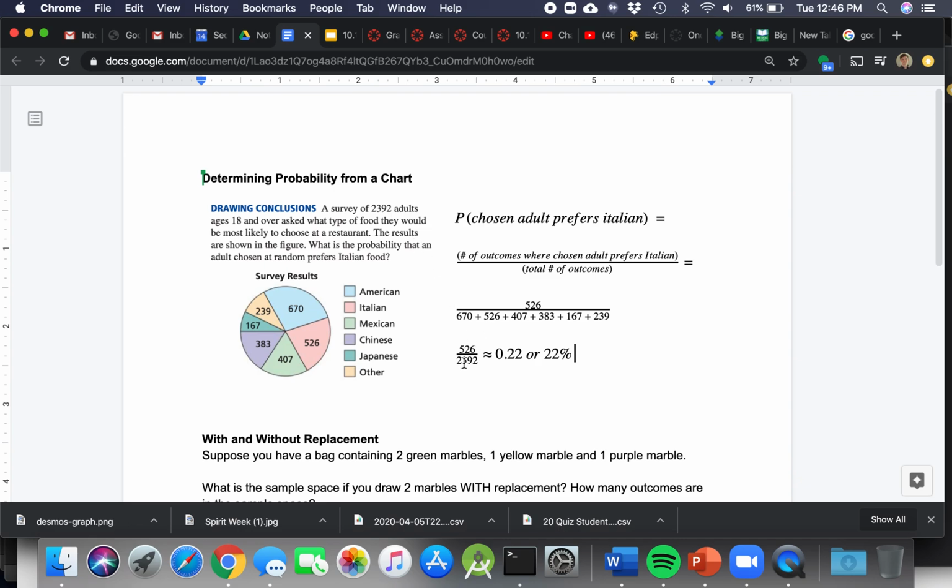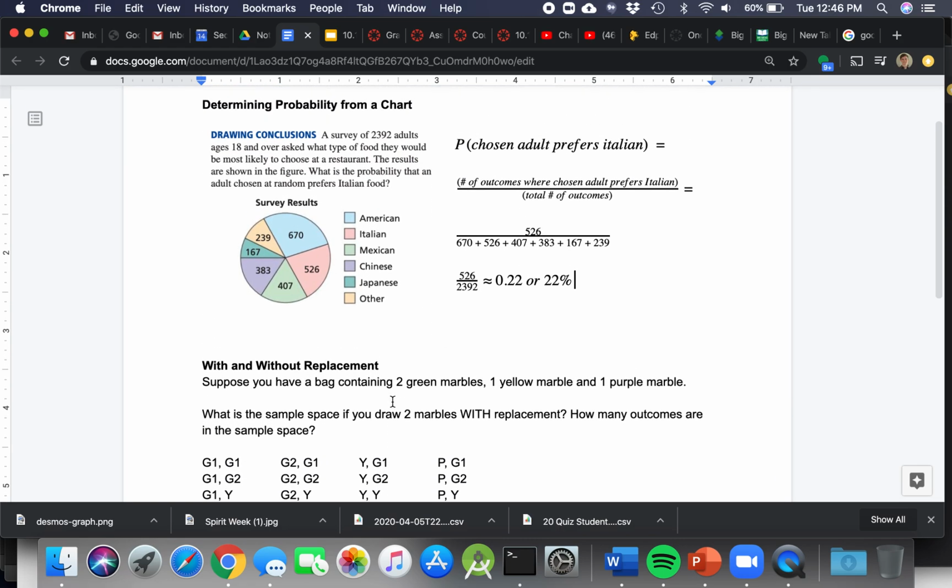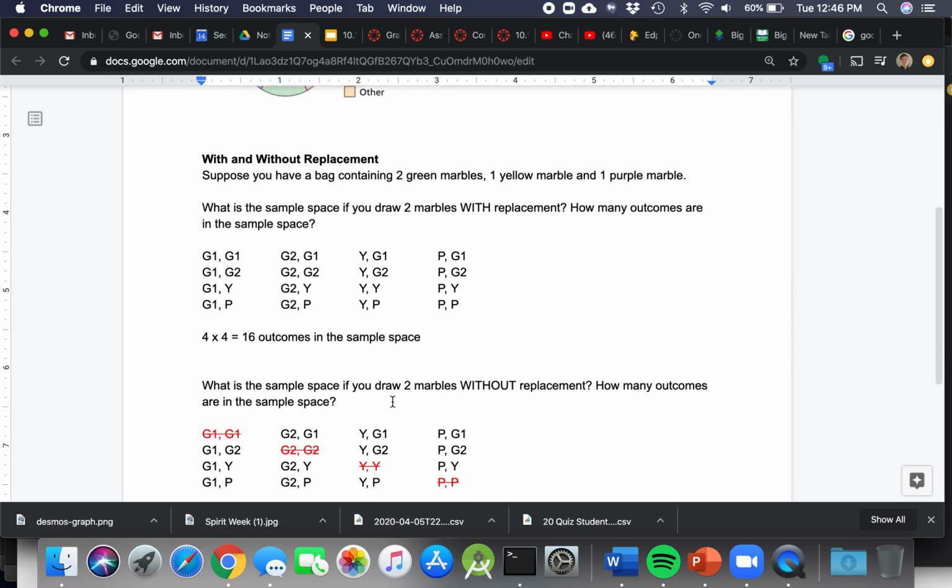So that's what goes on the bottom, because we could have picked any of those number of adults. And so number that prefer Italian food over number total is about 0.22. So you could write it as a decimal, or you could write it as a percent. You could multiply the decimal by 100 to get the percent, so 22%. So there's like one pie chart type problem on the exit ticket.